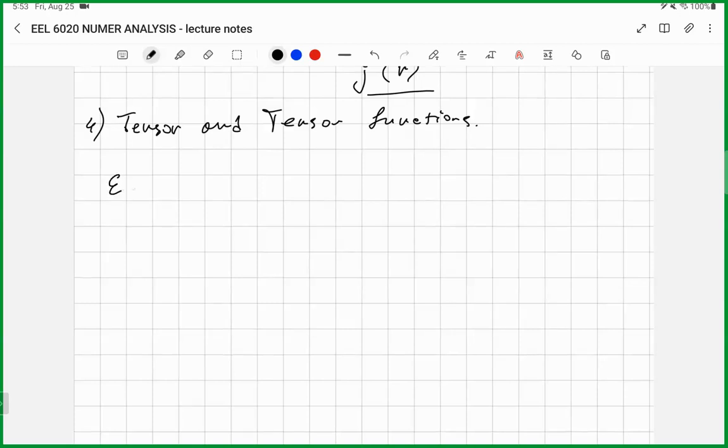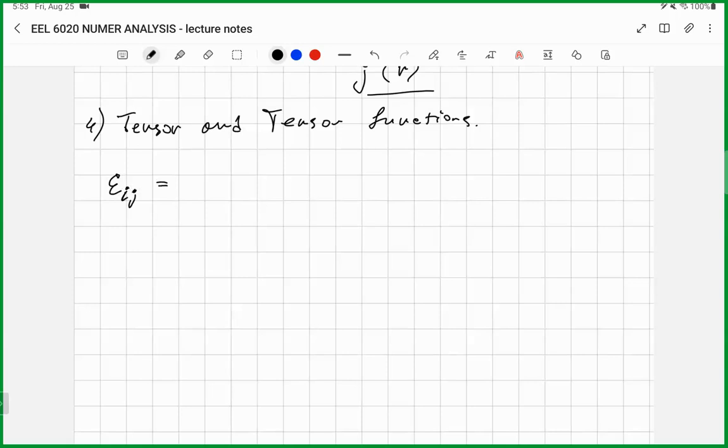For example, a tensor can be represented by a matrix with components, for example, epsilon ij, right?